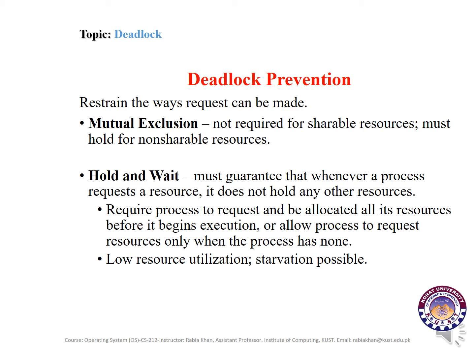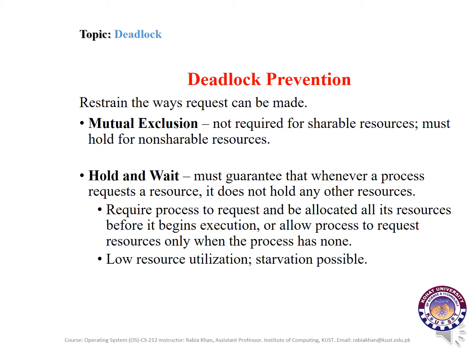If one of the four necessary conditions for deadlock, as we discussed in the previous lecture, is eliminated, deadlock will never happen. As we said in the previous lecture, the four necessary conditions for deadlock must occur simultaneously for a deadlock to happen. If any one condition is removed, deadlock will not happen.